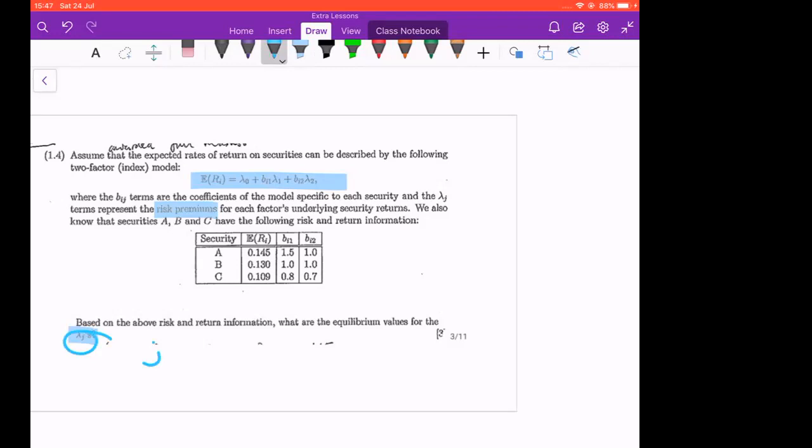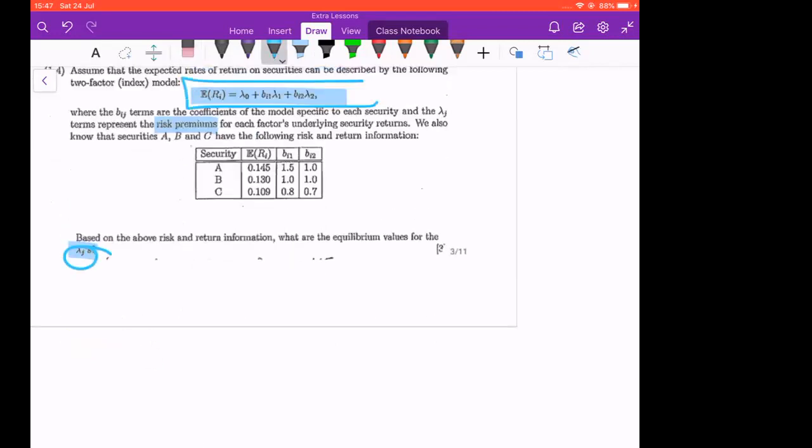So anyway, to find these values, we're gonna use this equation over here. The return of A is gonna be equal to lambda 0 plus the beta for factor 1, which is 1.5, times lambda 1, and the beta for the other one is gonna be 1, so I'm gonna put lambda 2.